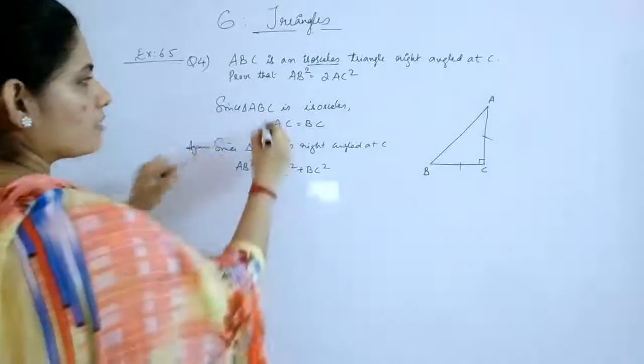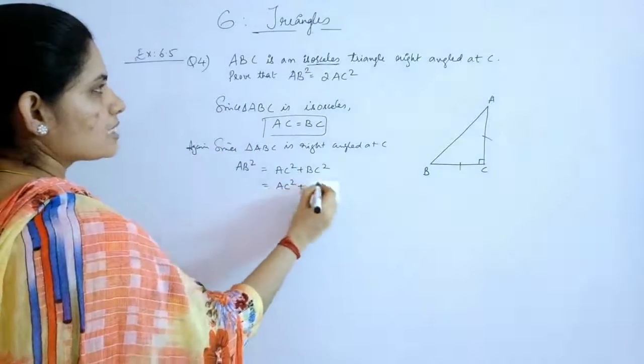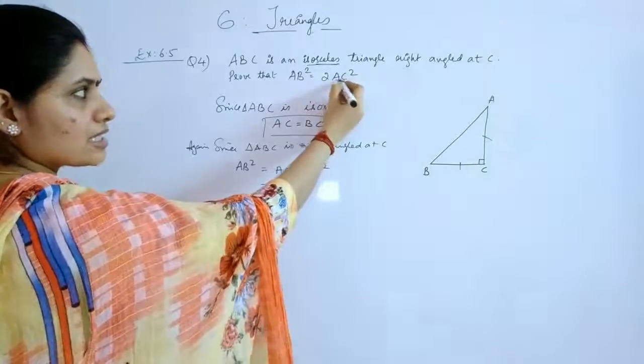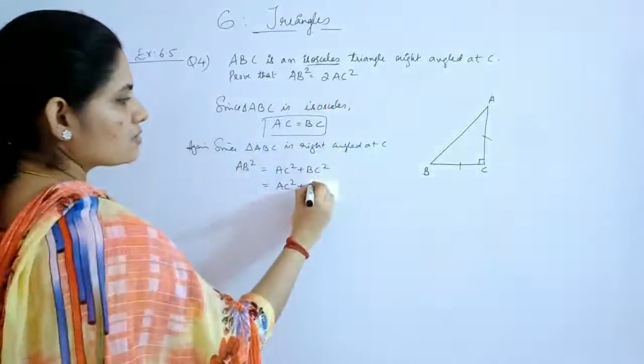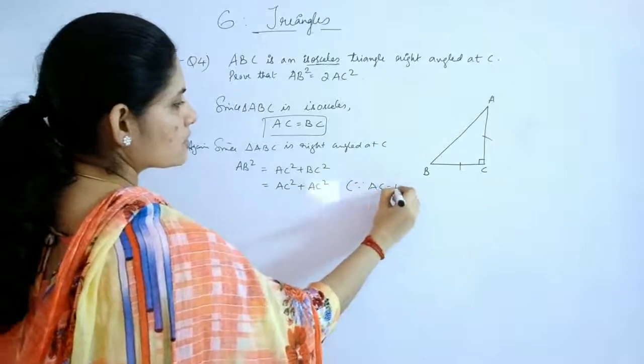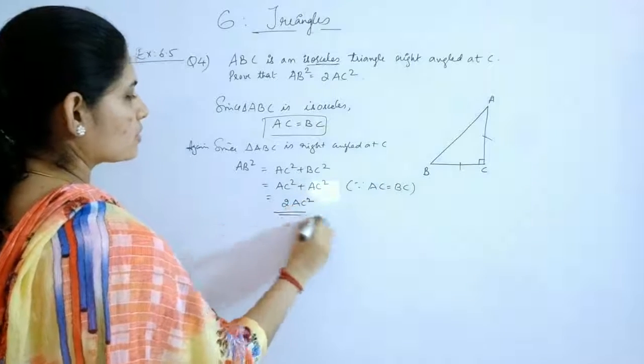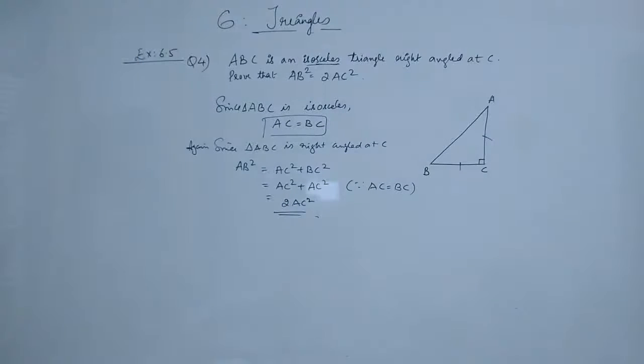Now since AC is equal to BC, we are just replacing BC with AC because we need to get it in terms of AC. So you will get 2AC square. So AB square is equal to 2AC square if ABC is an isosceles triangle right angled at C. Okay.